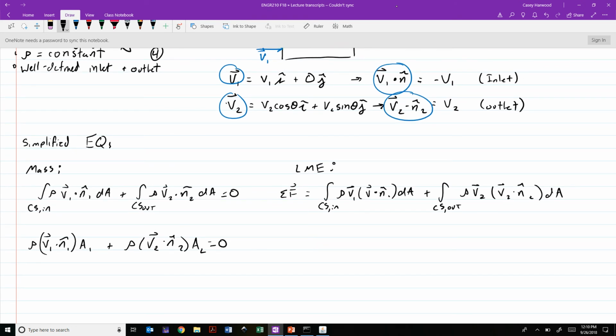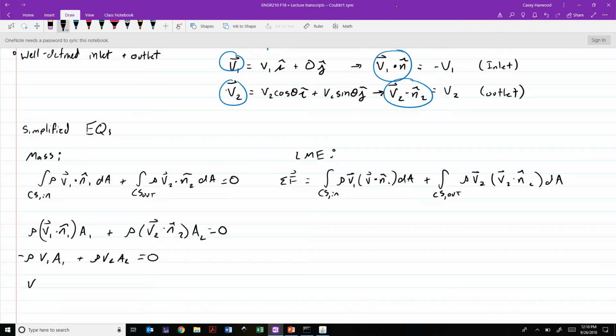Which then, because v1 dot n1 is simply equal to negative v1 and v2 dot n2 is equal to v2, this becomes negative rho v1 A1 plus rho v2 A2 equal to 0. We can cancel out rho, and we basically end up with v1 A1 equal to v2 A2. Looks like our good old continuity equation that we used with Bernoulli, right?